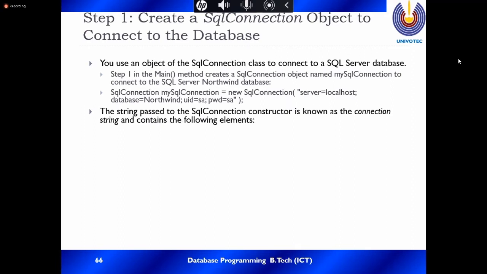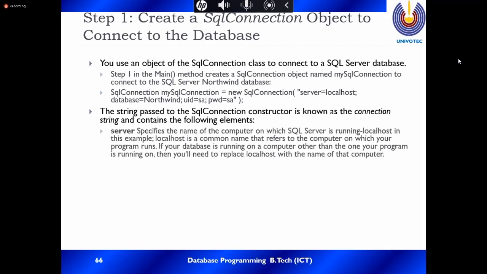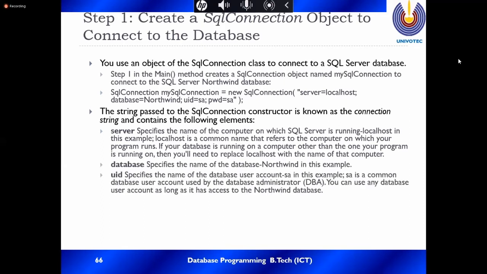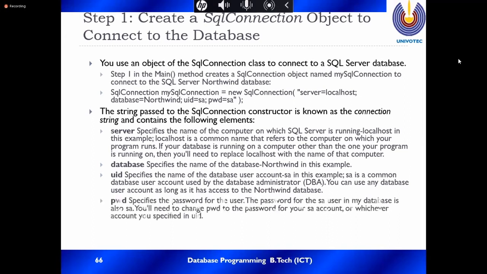Then the string passed to the SqlConnection constructor is known as the connection string and contains the following elements: server, database, user ID as the username account, and password. Okay, these are the things inside the connection string.